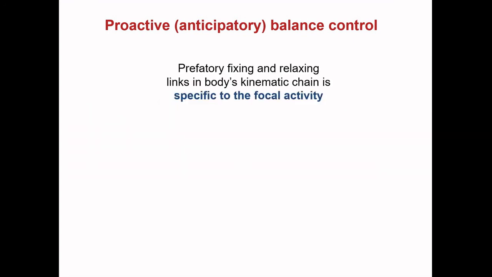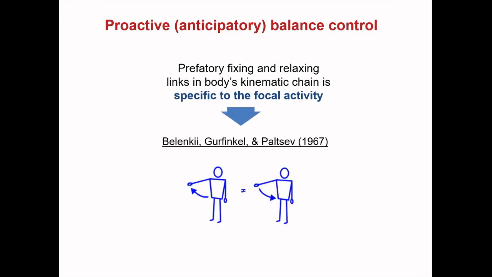In the preparatory phase of a movement, we are seeing the tensioning of some parts of the kinematic chain and the relaxing of other parts. The specific pattern of tensioning and relaxing that we observe is adapted to the specifics of the planned movement. For example, if we compare the task of raising the arm versus the task of lowering the arm, we find that there's a significant change to which postural muscles are recruited, and to the order in which they're recruited.